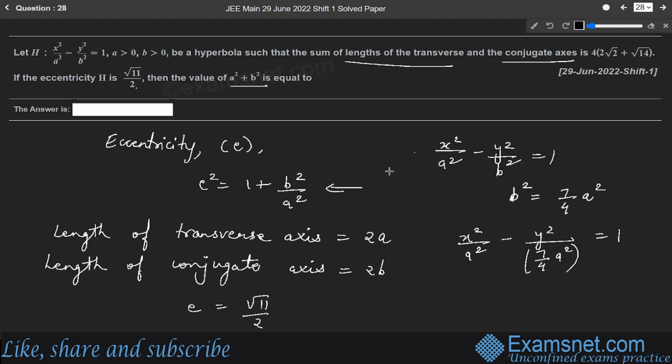Now we have to see that in the question it is given the sum of the length of transverse and the conjugate axis is 4 into 2 root 2 plus root 14. It means that we have to do the sum of length of transverse axis and conjugate axis. So what is length of transverse axis? It is 2a. And what is length of conjugate axis? It is 2b.